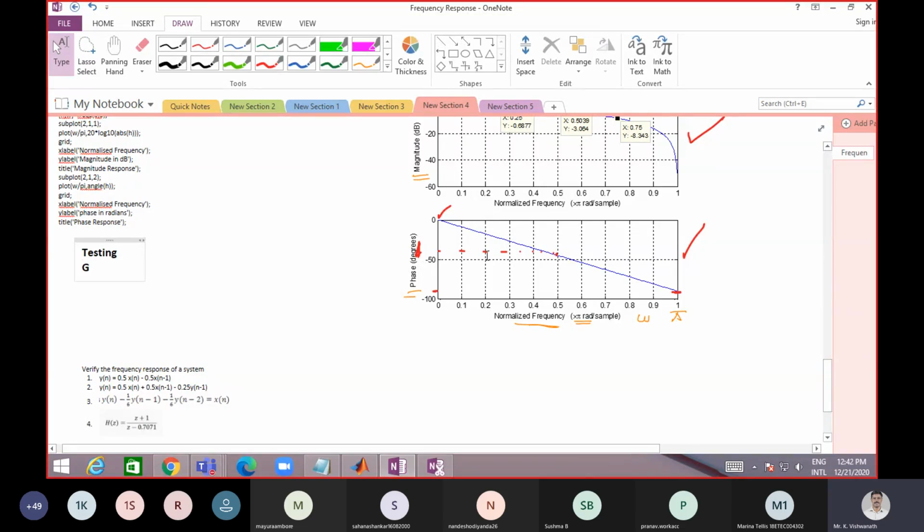Okay. So give input. Filter the signal, filter the input, and plot the input and output waveforms.